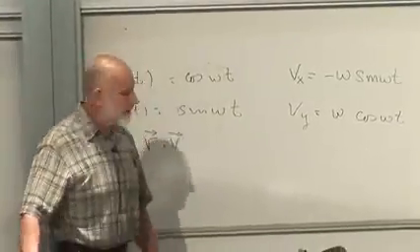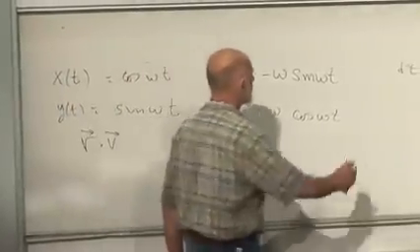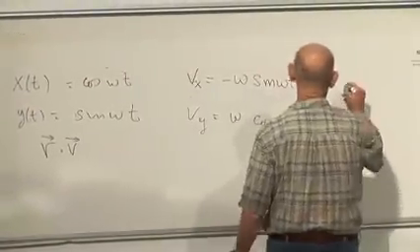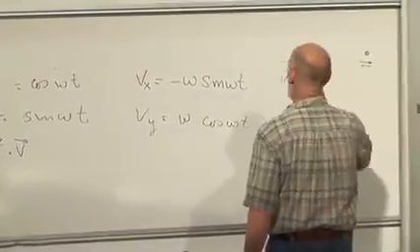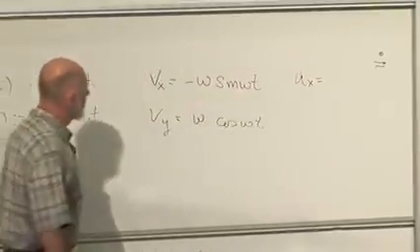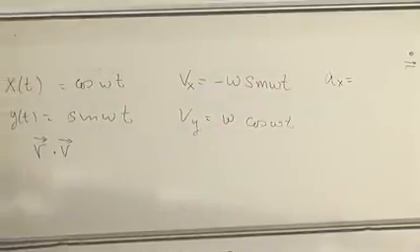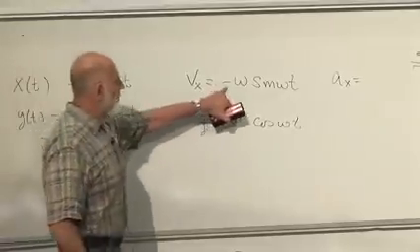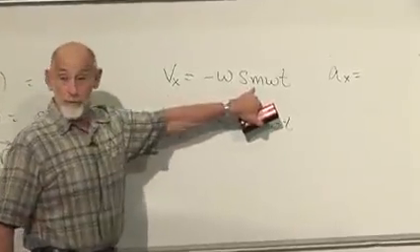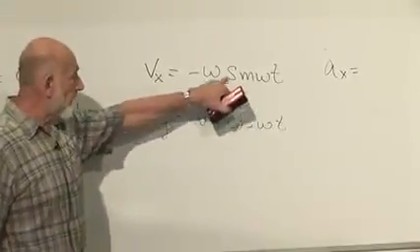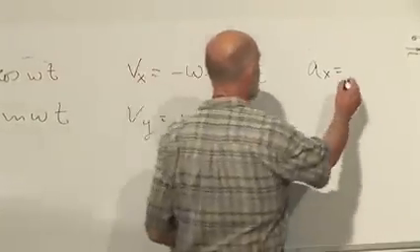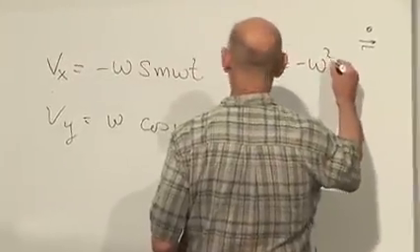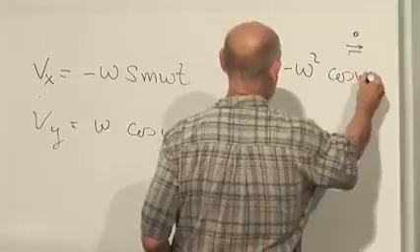The acceleration is another derivative. All right, so what's the derivative of minus omega sine omega t? Well, it's minus omega times the derivative of the sine, which is another factor of omega and a cosine. So this would give us minus omega squared cosine omega t.